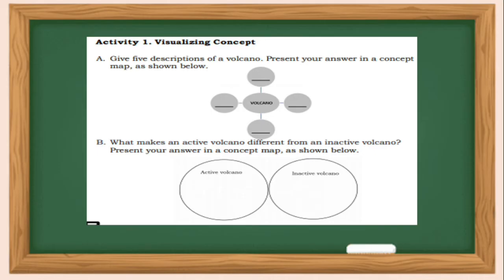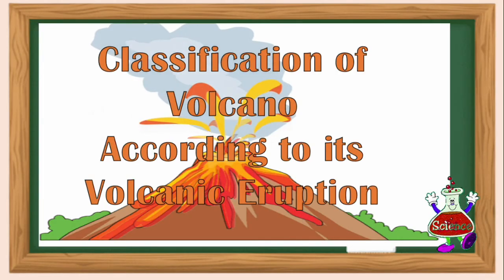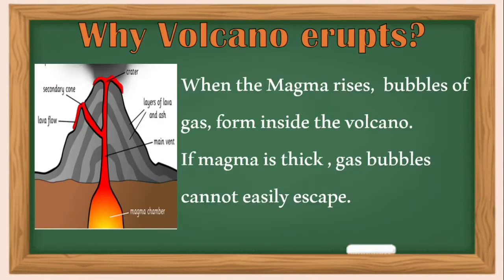Very good! Now let's move on to another classification of a volcano, that is, classification of volcano according to its volcanic eruption. But first, why do you think a volcano erupts? When magma inside the volcano rises, bubbles of gas form inside the volcano.